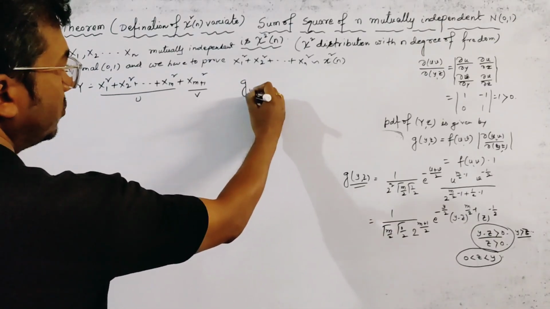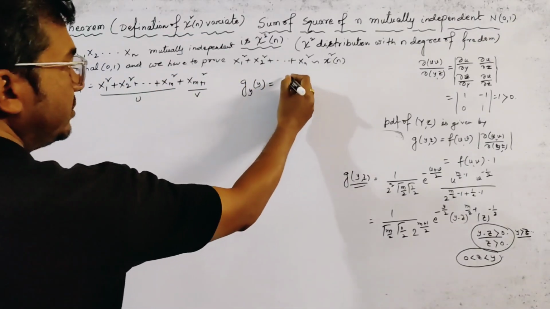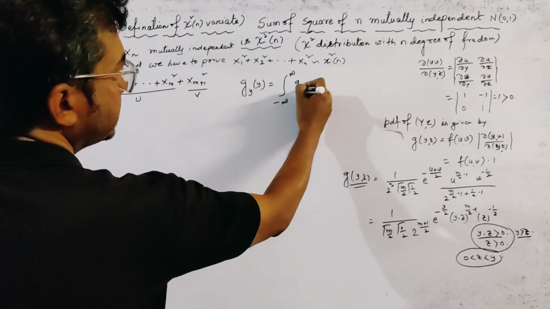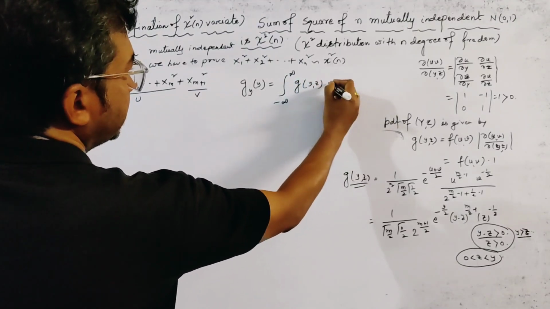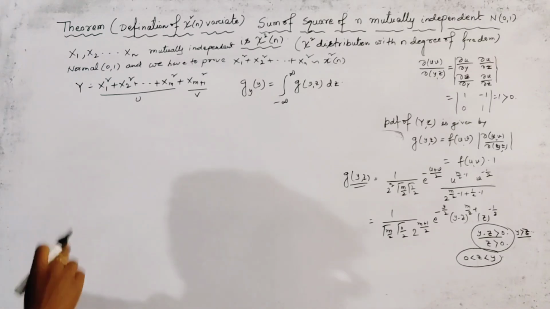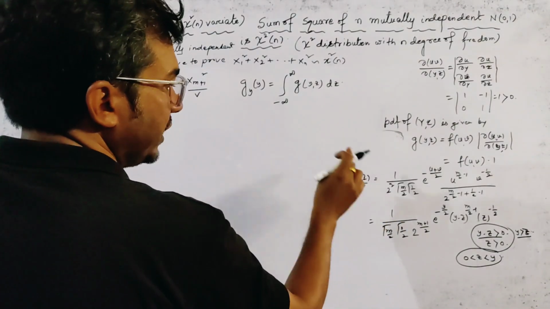This is g_Y(y), which is our required answer, given by the integral from minus infinity to infinity of g(y,z) dz. We must integrate with respect to z.